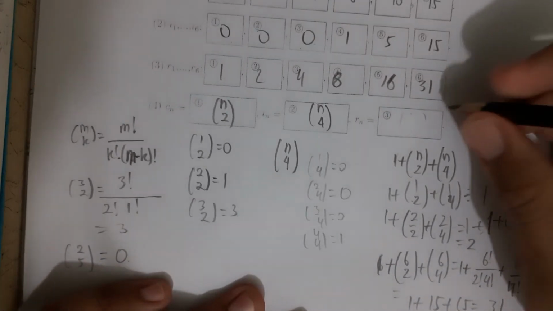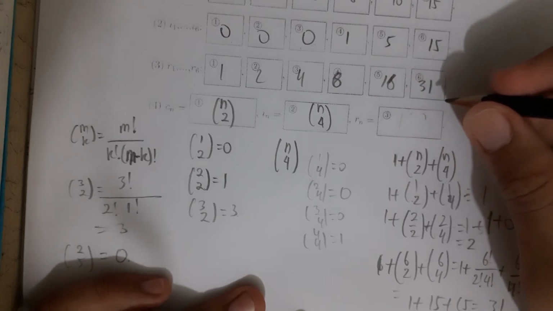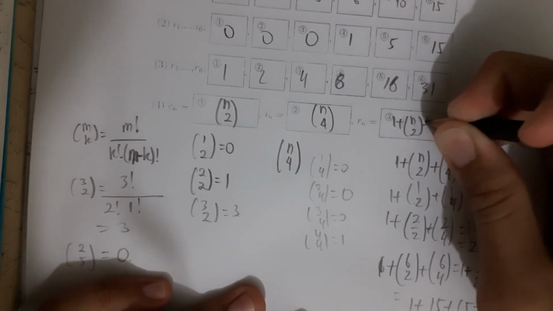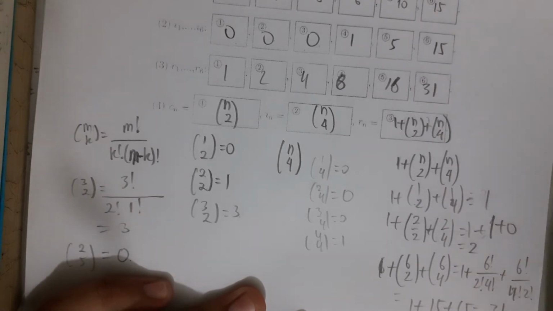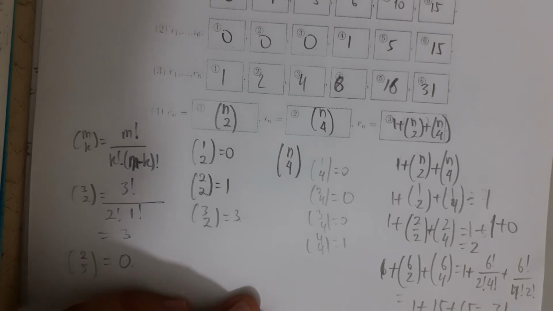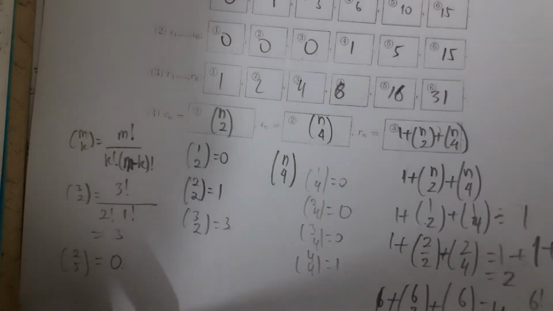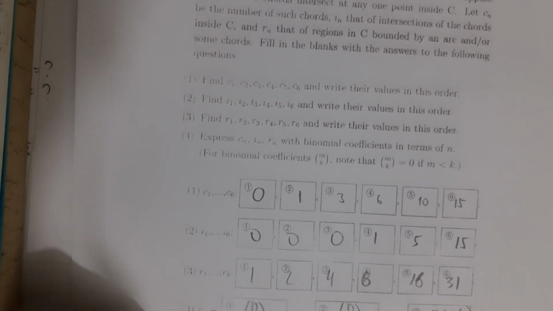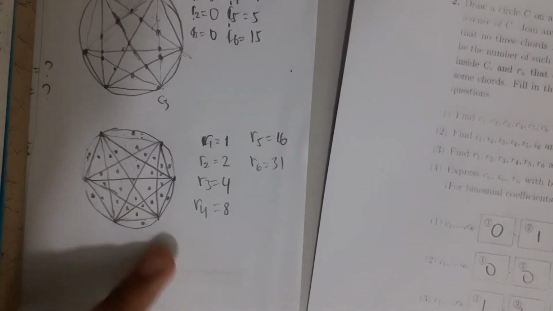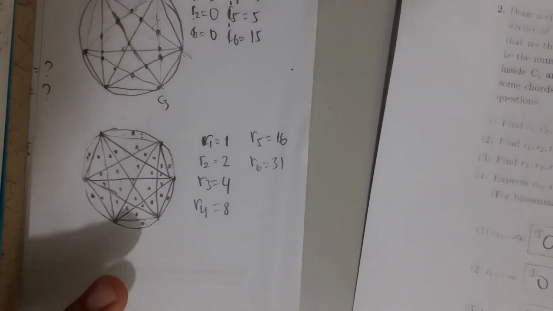So the answer for the binomial expression of Rn is 1 plus n2 plus n4. And this is for part 2, and in the next video we're going to discuss part 3 of binomial coefficients. And this is the answer for number 2. It's just whether you are able to draw the chords, identify the intersections, and identify the regions.